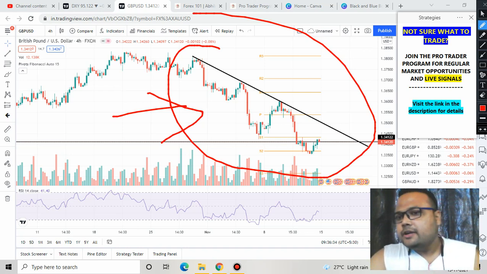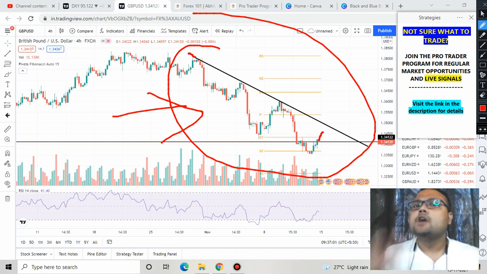So the first trading opportunity that I see on the chart of GBP USD is, if the US dollar goes for consolidation, then we may see some recovery on GBP USD. If GBP USD goes up from here, then please observe the market at this trend line, because you can see that this trend line has been acting as a dynamic resistance for the market.